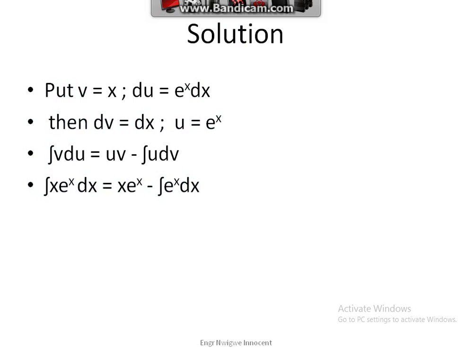We now have s exponential s minus the integral of exponential s, which is exponential s, plus c. If we bring the like terms out of the bracket, we now have, in brackets, s minus 1 times exponential s plus c.